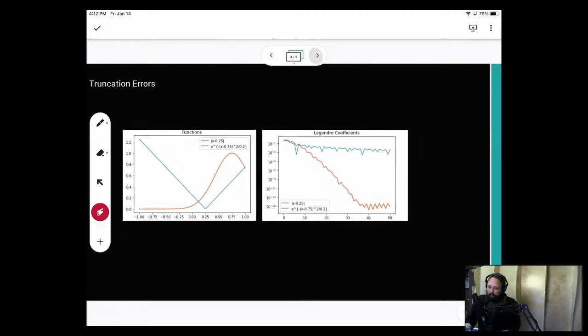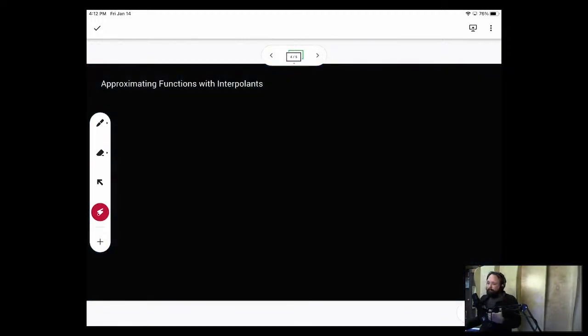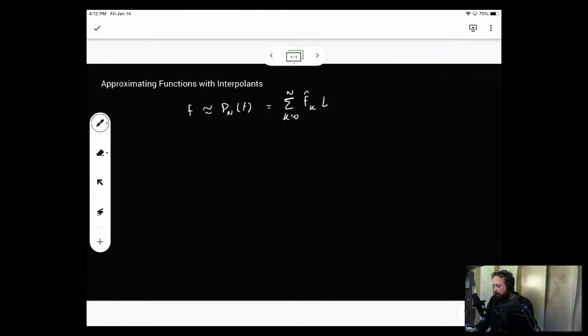In practice, if you think about this problem, if I represent a function by its projection, the degrees of freedom that I end up with are these modal coefficients, which is not super great to work with out of the gate, because typically when you're designing a numerical solver, what you want on the output is a function that depends on space.